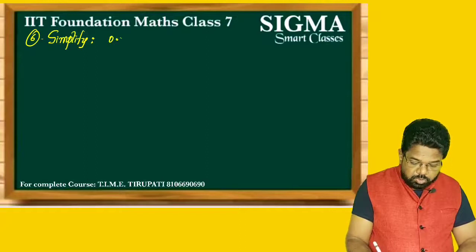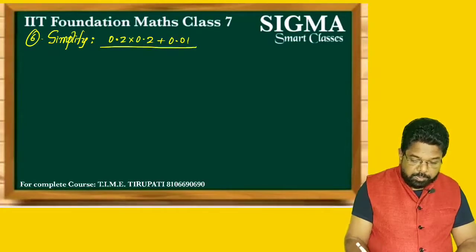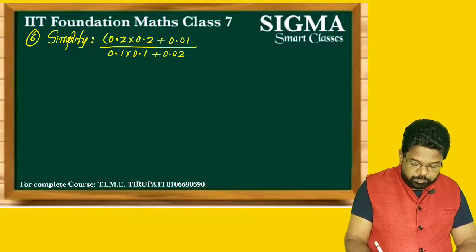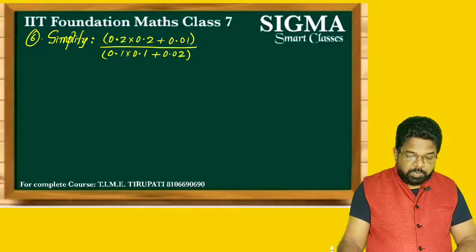Simplify: 0.2 into 0.2 plus 0.01 by 0.1 into 0.1 plus 0.02. If you simplify this, how much value do you get?